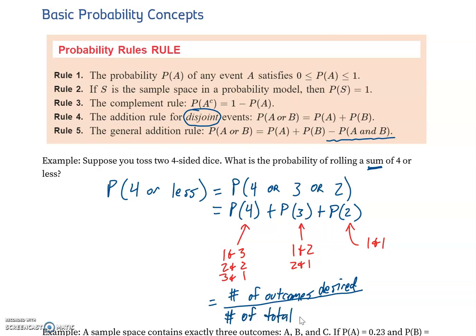This would be the size of the sample space. Well, we just said there were 3 plus 2 plus 1. There are 6 possible desirable outcomes.